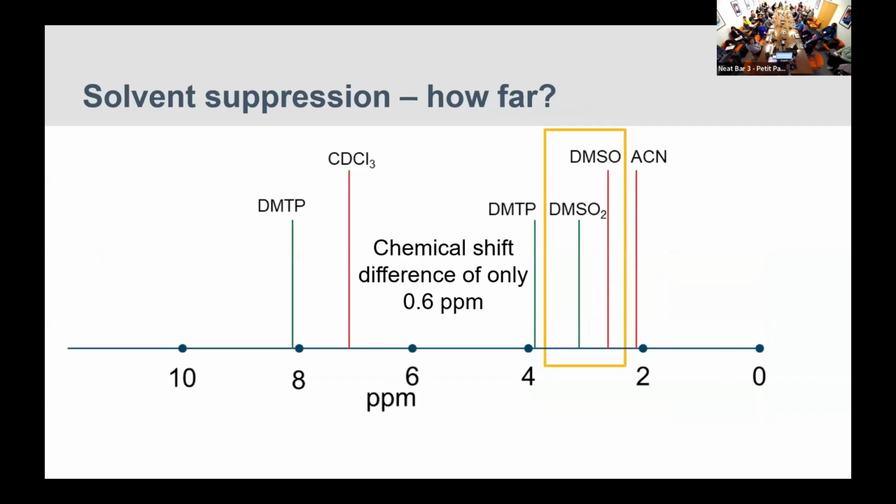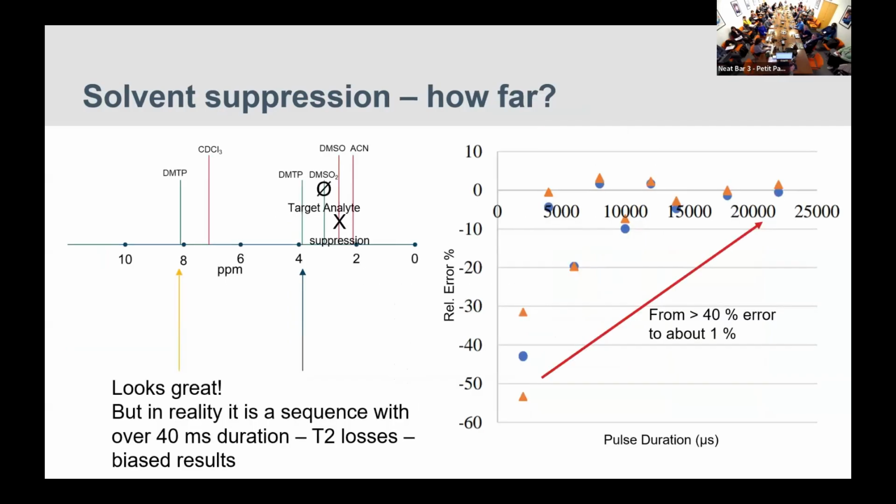One thing is we have to define how far from the suppressed signal we have to be to actually get good results. So obviously we can fine tune that if we make that shaped pulse more selective, and to make that shaped pulse more selective, we just have to make it longer.